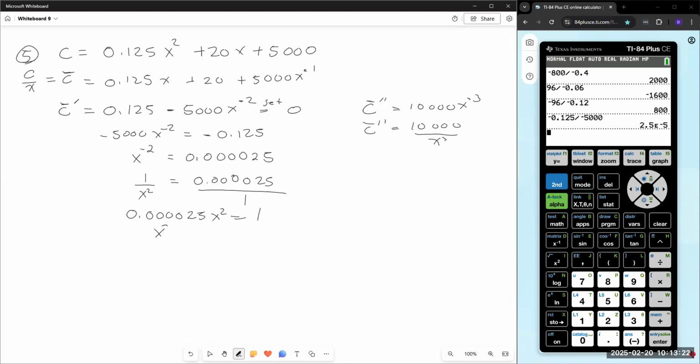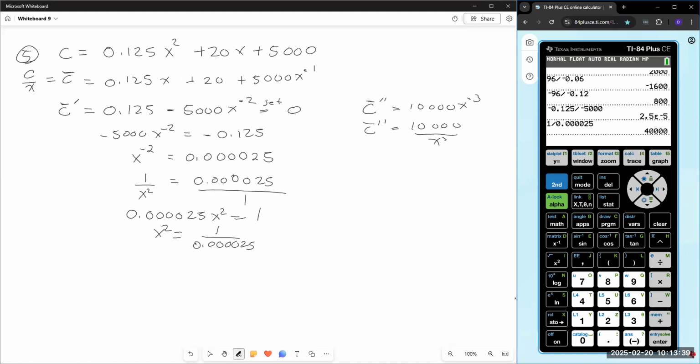So x squared is equal to 1 divided by 0.0000025. 1 divided by 0.0000025 is 40,000.